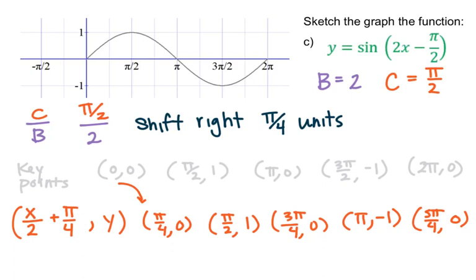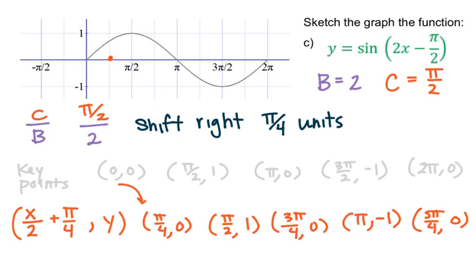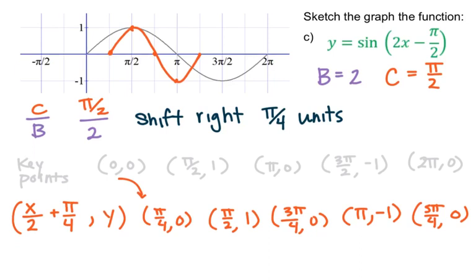So this graph is going to be shifted, but also shrunk horizontally at the same time. So my new points, we've got pi over 4, 0, pi over 2, 1, 3 pi over 4, 0, pi, negative 1, and 5 pi over 4, 0. So it is shrunk horizontally, and it is shifted right pi over 4 units.